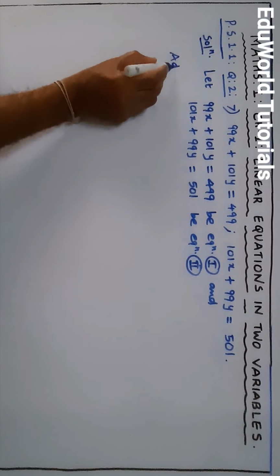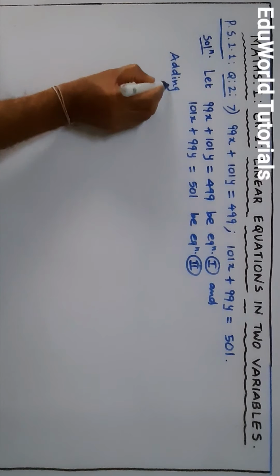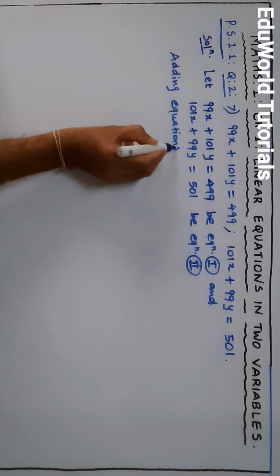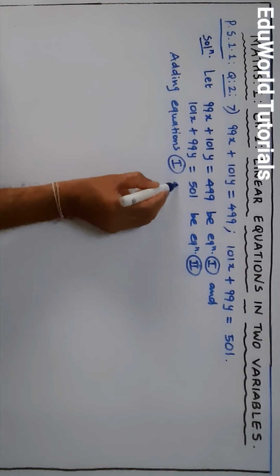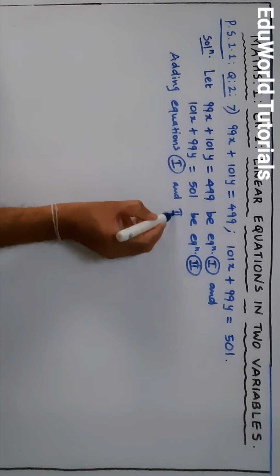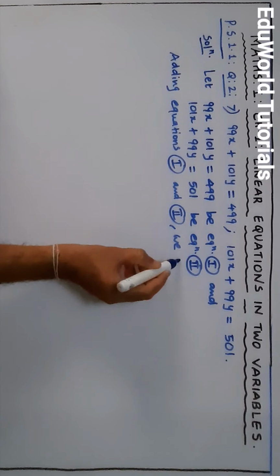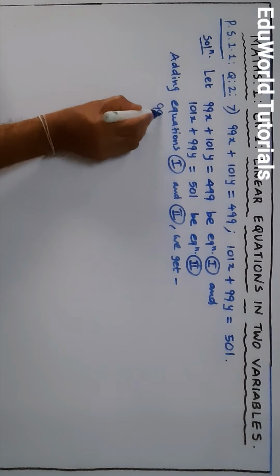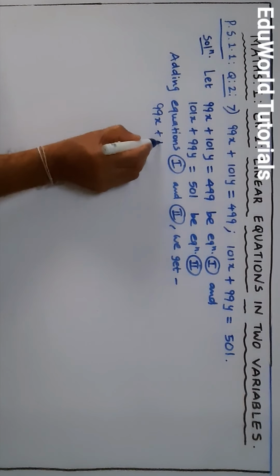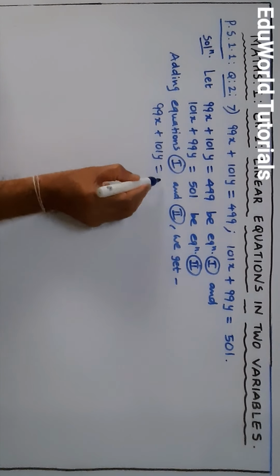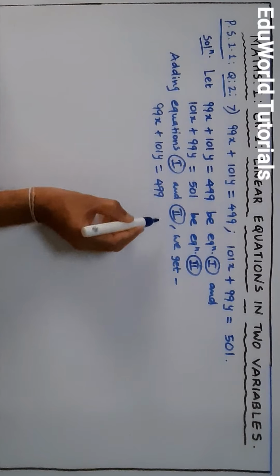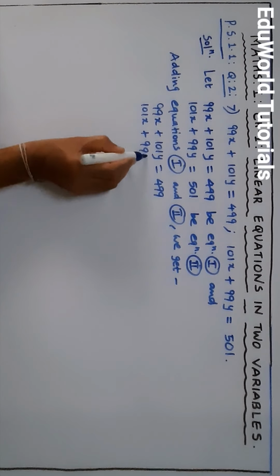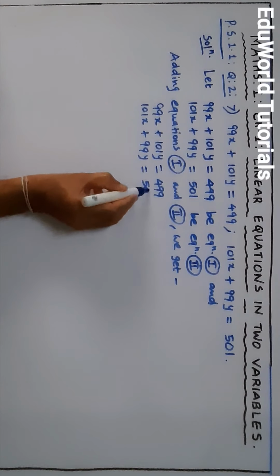Adding equations 1 and 2. Adding equations first and second, we get, this is a particular way in which we have to do these sums. When we add these equations, 99x plus 101y is equal to 499, the first one, 101x plus 99y equal to 501, the second one.